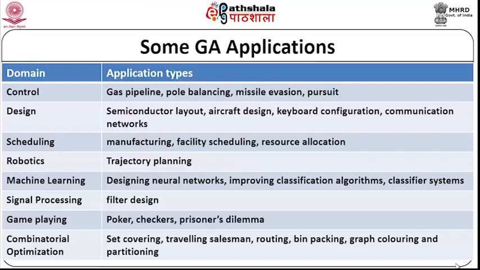A number of applications, robotics again, have been tried out in trajectory planning and so on. These are some of the GA applications. There are other applications also. We have given one type of domain classification; you can have other classification types also.